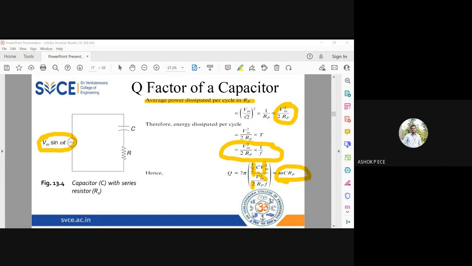We took the example of a leaky capacitor where R and C are in shunt, and we found that the formula is still holding good. So we got the formula Q is equal to R by X, and after deriving using the usual Q factor formula, we got the answer to be exactly the same as what it was intended to arrive at. So Q is equal to omega C RP.